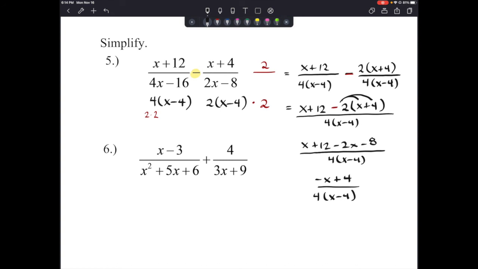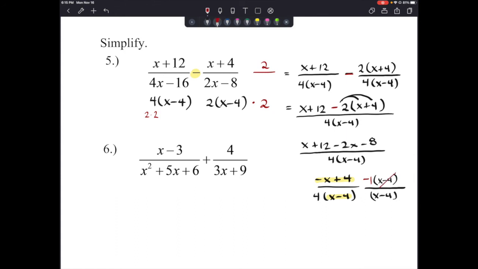Okay, so those don't look the same, but there is a relationship here, remember, between negative x plus 4 and x minus 4. They're opposites. So if you would like, you could take this and you could factor out a negative, right? We'll say it's negative 1 times the quantity of x minus 4 over an x minus 4. And now we can simplify, right?